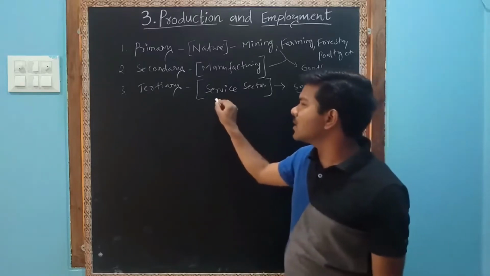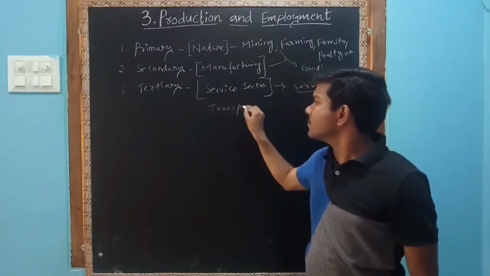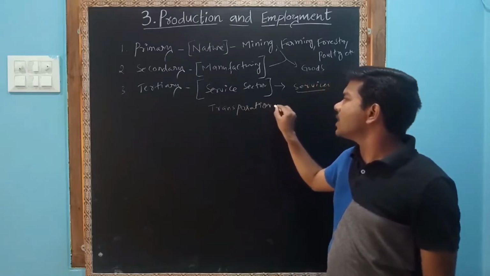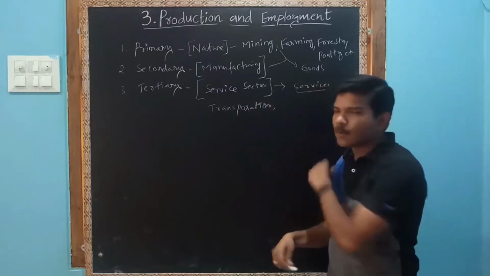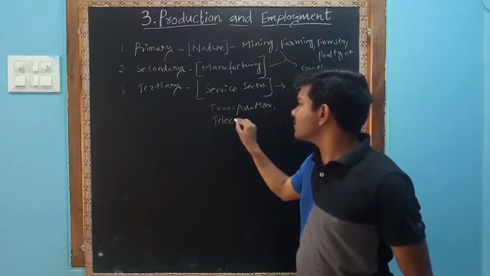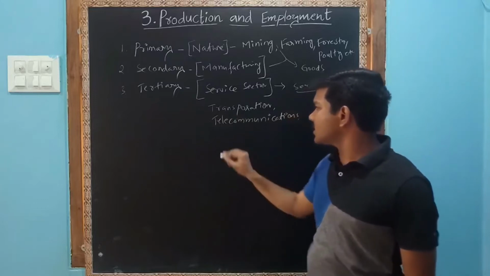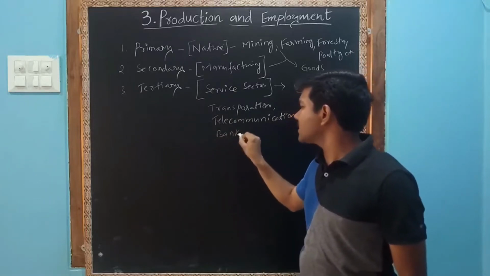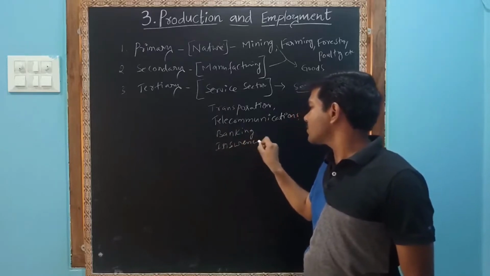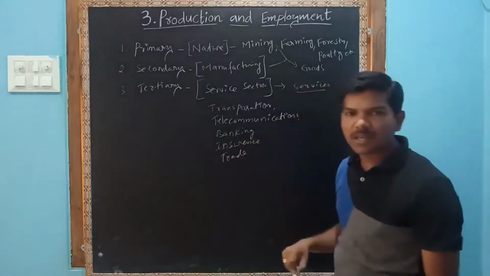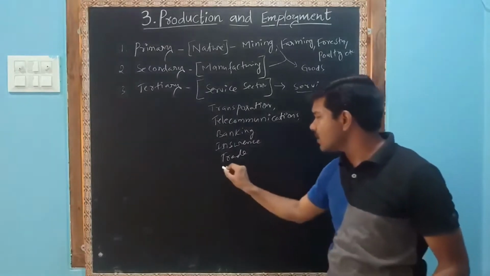What departments come under the tertiary sector? Transportation, which includes railway, roadway, airway, waterway. Transportation, telecommunications, banking, insurance, trade, meaning business, defense, administration.